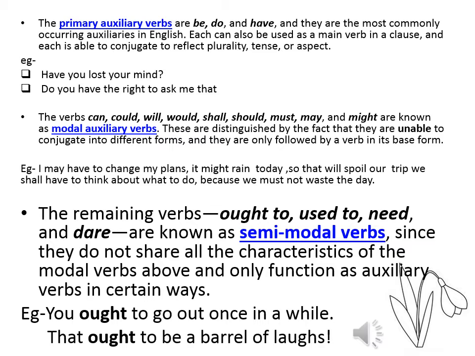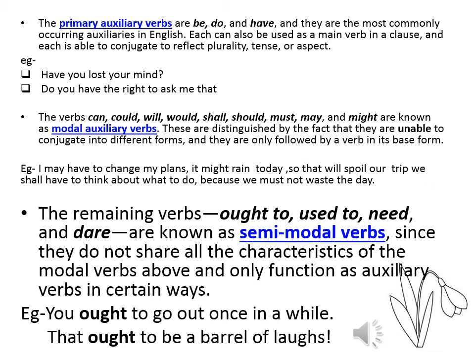When it comes to modal auxiliary verbs, the set of words we use are could, will, would, shall, should, must, may, and might. As an example, we can say, I may have to change my plans. It might rain today, so that will spoil our trip.